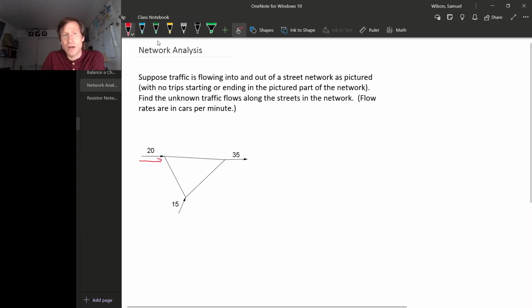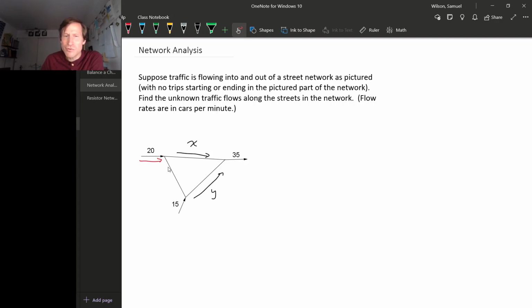To figure that out, I guess we're going to have to name the things we don't know. And what we don't know are the flow rates along each of these streets. So let's call the flow rate this way x, and this way y. Intuitively, I've drawn these arrows for x and y because it seems like traffic ought to flow that way and that way.